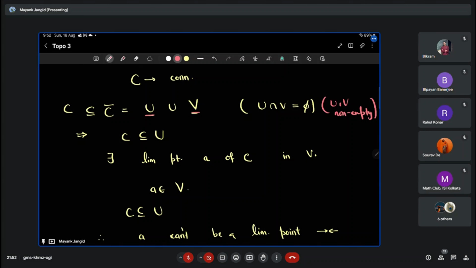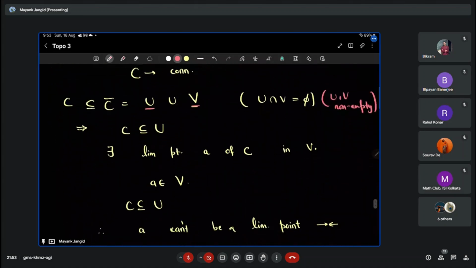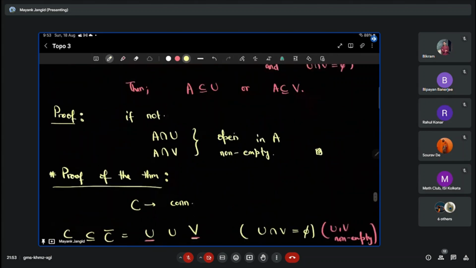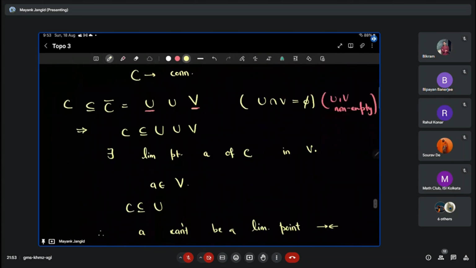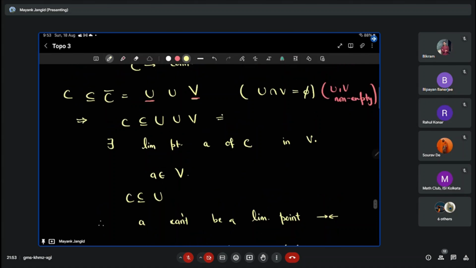But then C is a subset of its closure, and therefore C is a subset of U union V. But in the lemma, we proved that in such a case, a connected set must lie in one of the open sets.